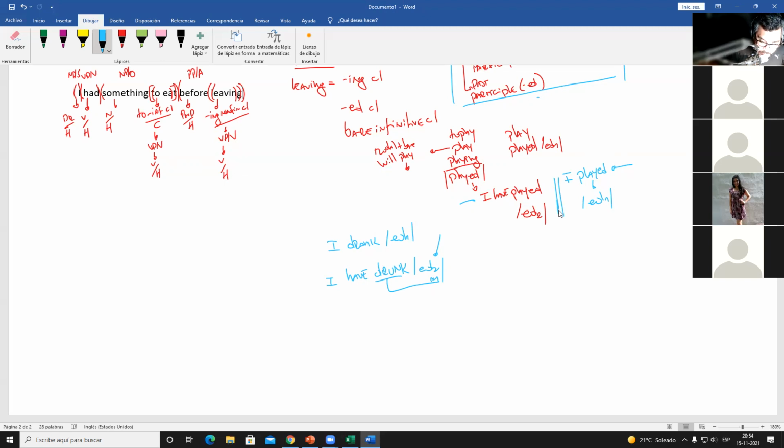Porque nosotros tenemos inflexiones para cada uno de los tiempos verbales. Yo juego, yo jugué, yo jugaré, ¿cachai? El verbo jugar en español recibe una inflexión de un morfema para poder representar el tiempo de forma más concreta.